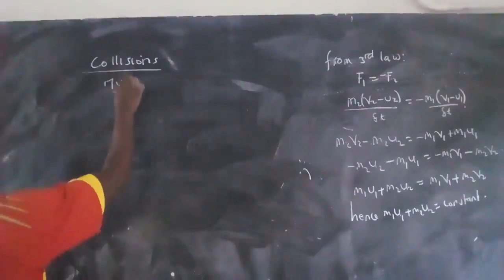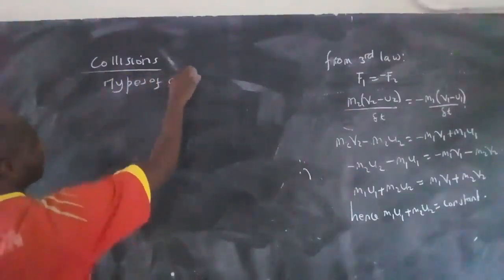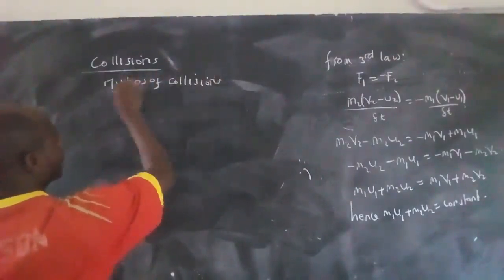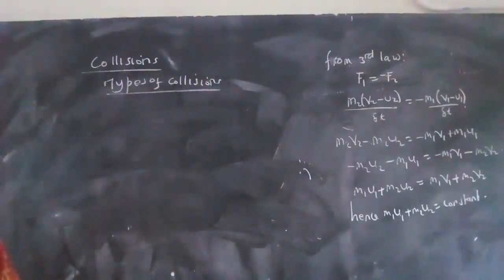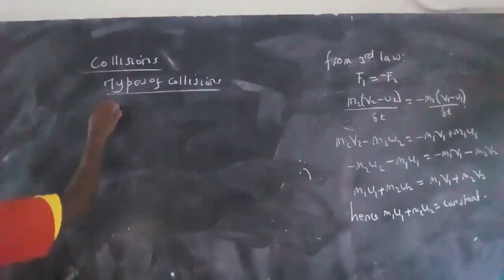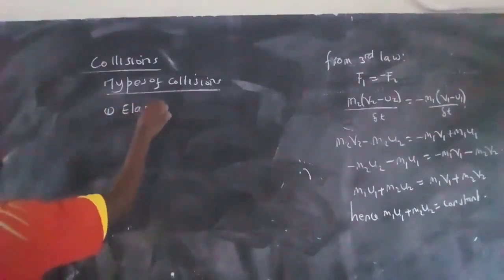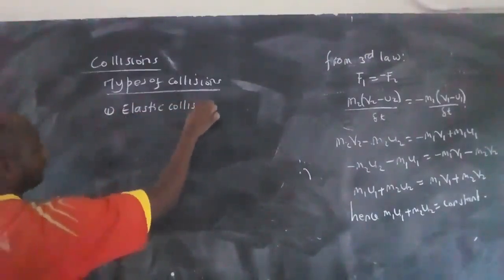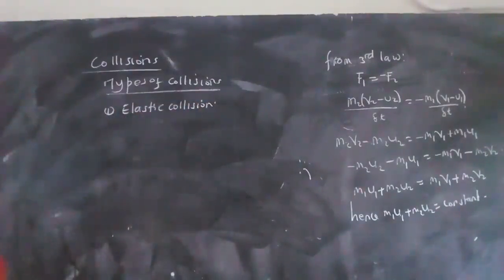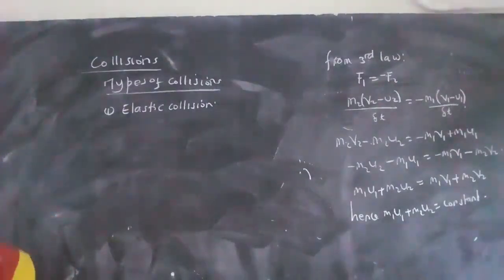Types of collisions. Number one, elastic collision. It is also called perfectly elastic collision.